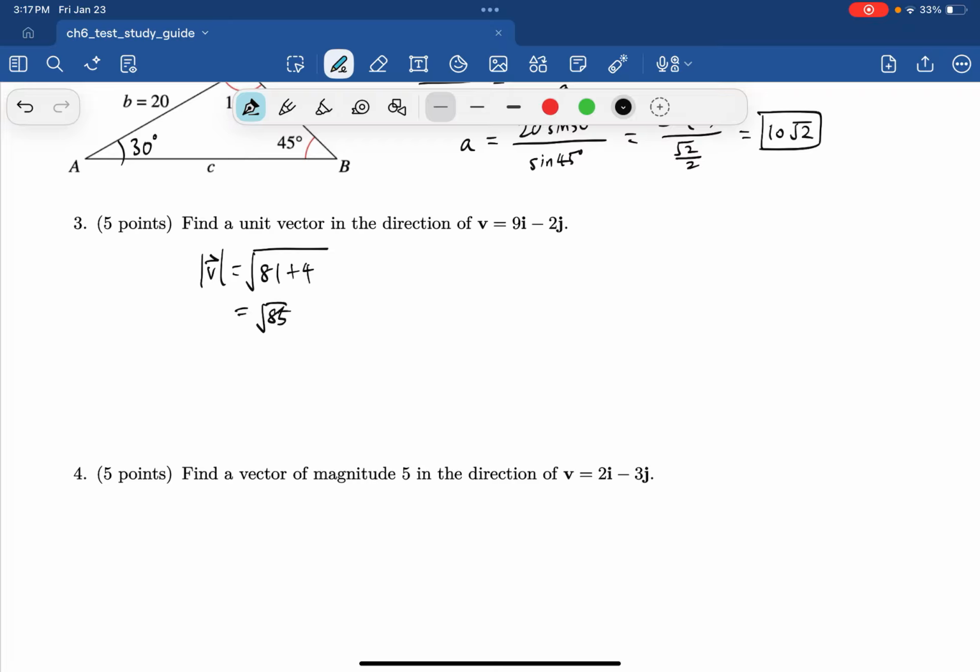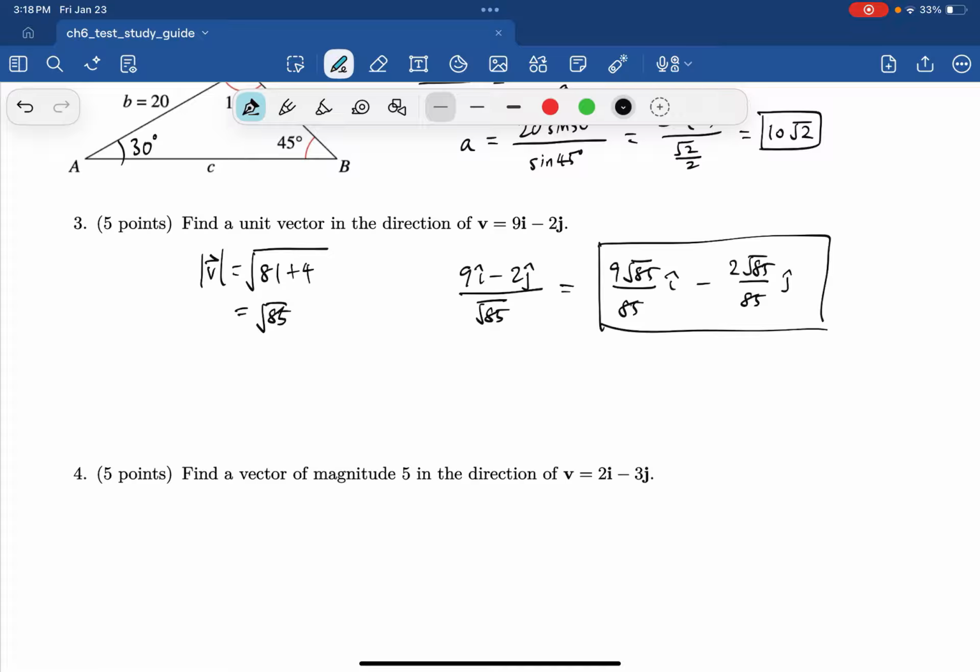So that means the unit vector that we're looking for is 9i minus 2j over root 85. Which we can simplify, and it must be rationalized. Okay, so you could write it in that form. Could have also written it in the bracket form.